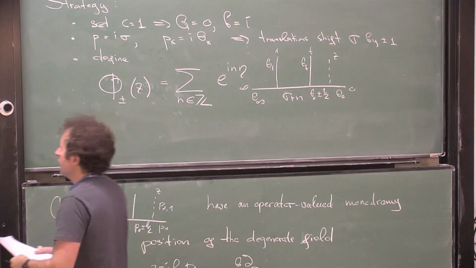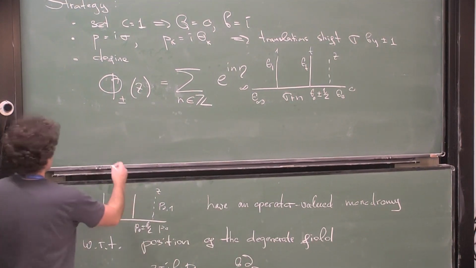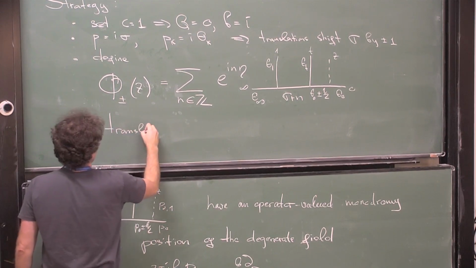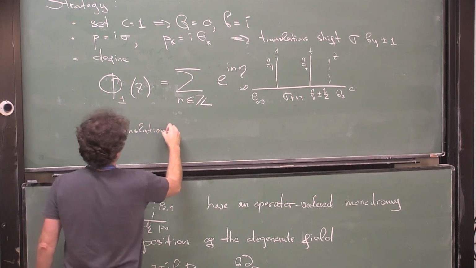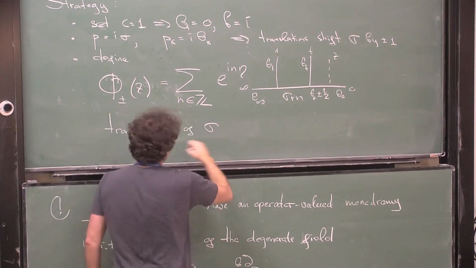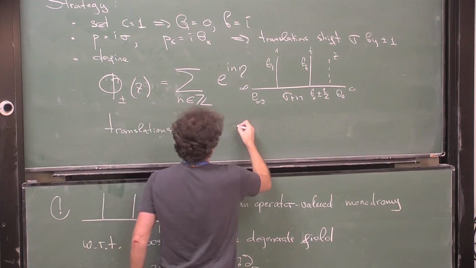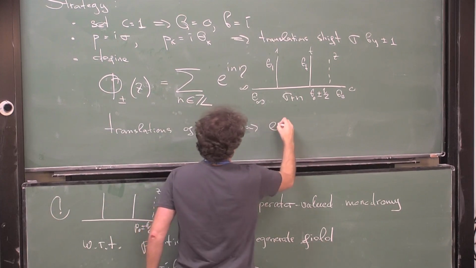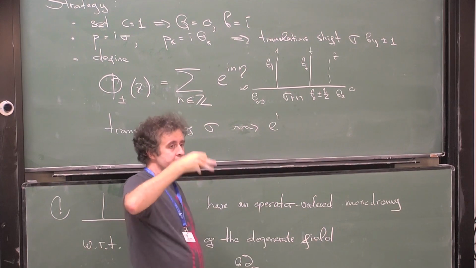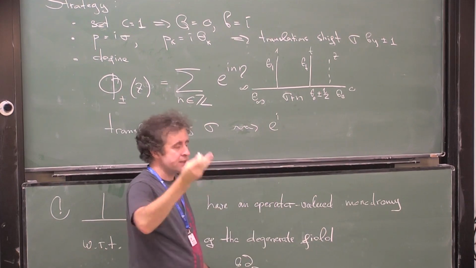So basically, the translations of sigma will give rise to a contribution to monodromy which is no longer operator valued, but just a C-number.